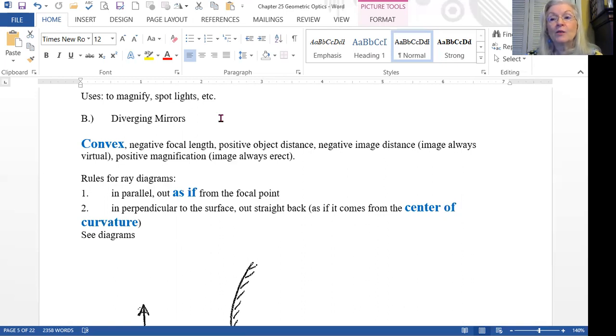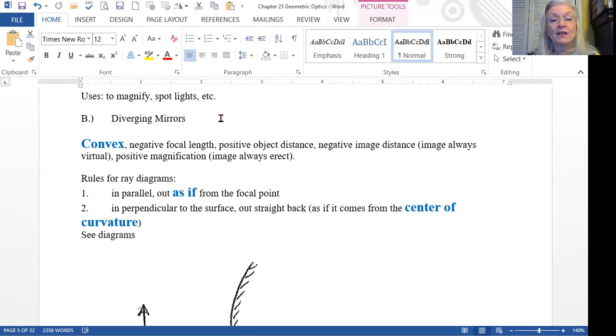If you take that spoon we used in the previous examples and you turn it around, and instead of looking into the bowl, if you flip it to look at the back of the spoon, that's a convex surface. It bulges out. So convex surfaces have negative focal lengths.